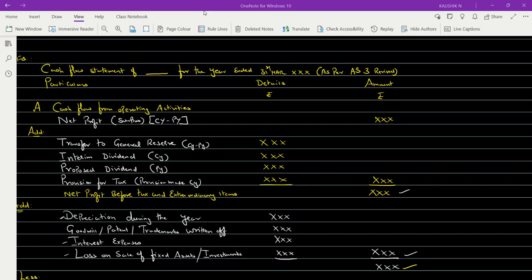So goodwill, patents or copyrights. Patent purchased. Yes, sir, I'm showing them separately because I'm just showing you the segregation: purchase of fixed assets or investments that are tangible, whereas purchase of intangible fixed assets.